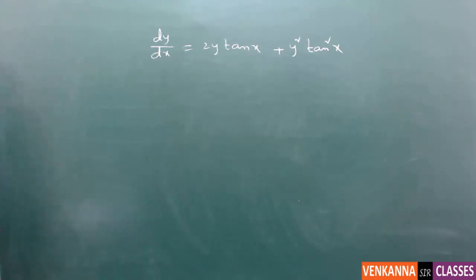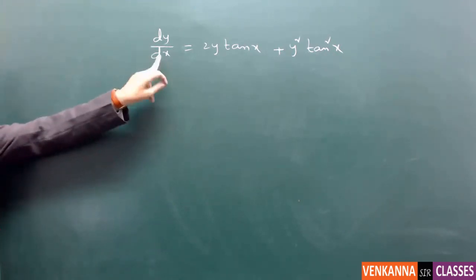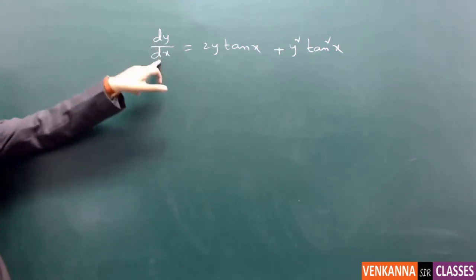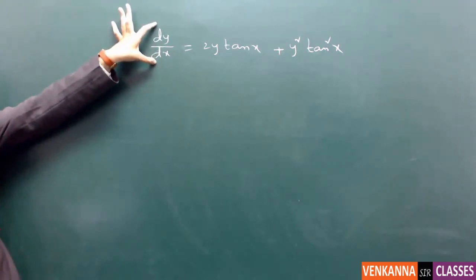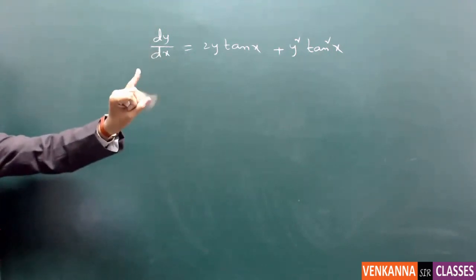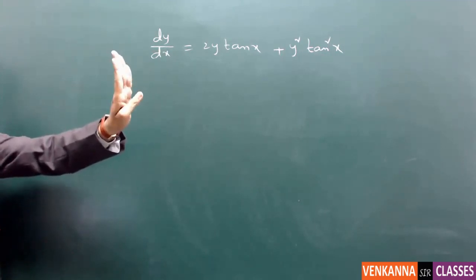So, to identify whether it is Bernoulli or not, the criteria here is, see, it contains only one derivative, dy by dx. Its power is also 1, so it is first order, first degree. So for the given equation, the only possibility is either exact, integrating factor, linear, or Bernoulli.